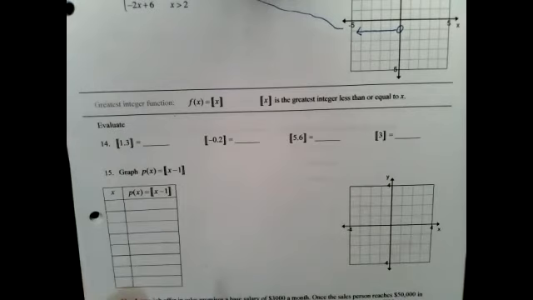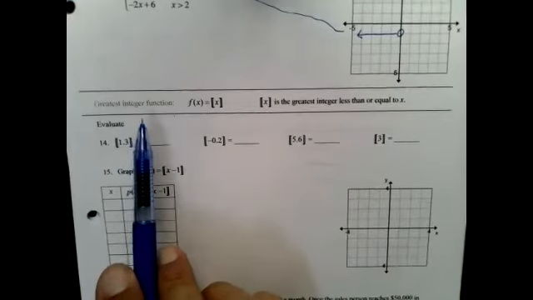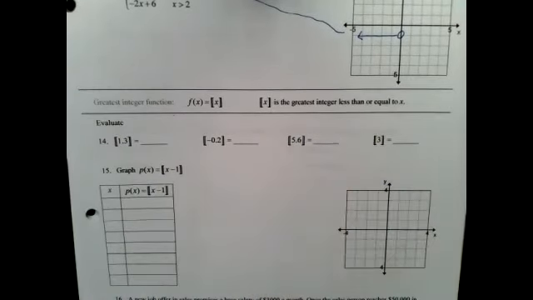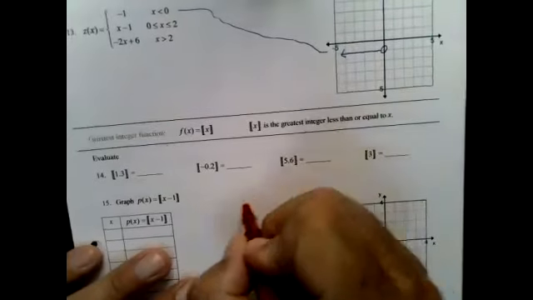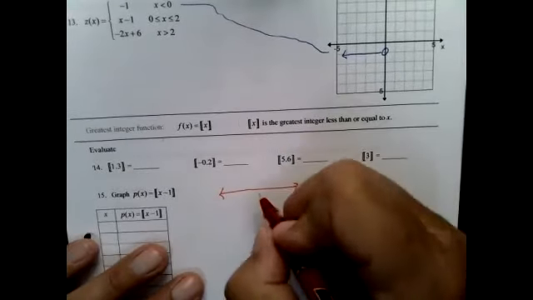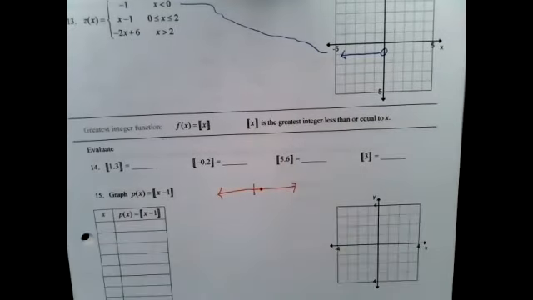All right, I'm looking at this first one. This is called the greatest integer function, and it is the greatest integer less than or equal to X. I'm going to give you another way to look at this if you didn't get it right away. The greatest integer less than or equal to X. Give it to me in words of a number line.